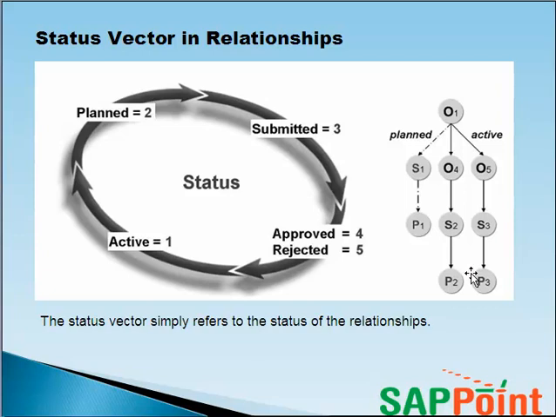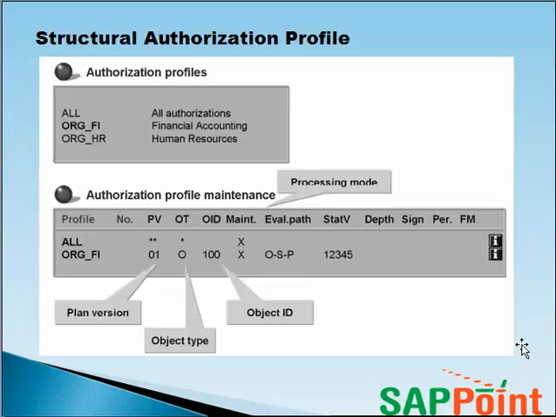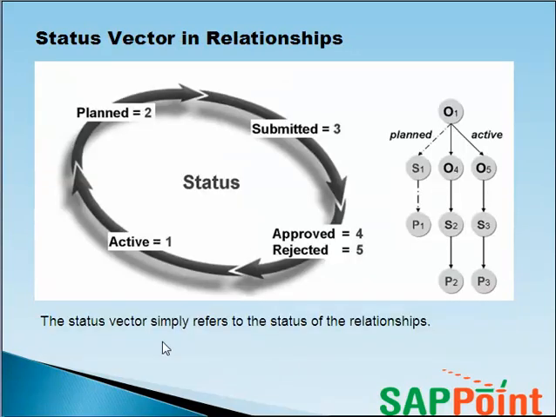The status vector, this field, the status vector, simply refers to the status of the relationships between the objects. So you use the status vector to determine which relationships are considered when the structure is created.